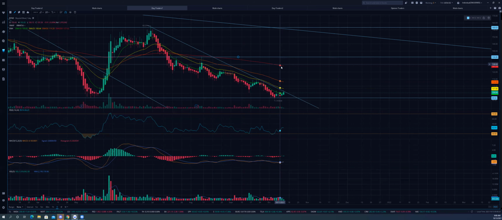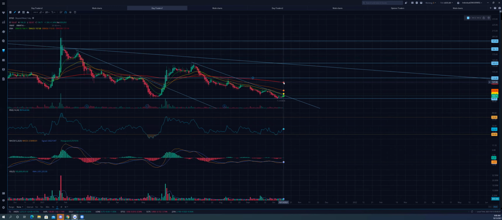So that is the gap. You're looking for this little gap here to fill, and then you're looking for this gap to fill back up to 160. So this is how you trade options. You're looking at your charting, and you're looking for the gaps to fill, right? So enter at 127, first price target is 135, and then 160 for it to fill this gap right here.